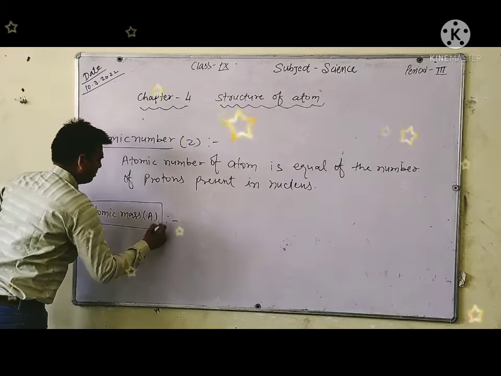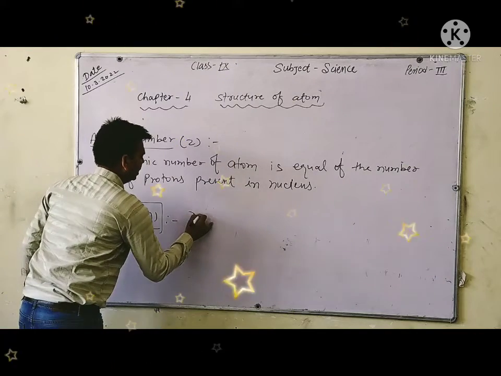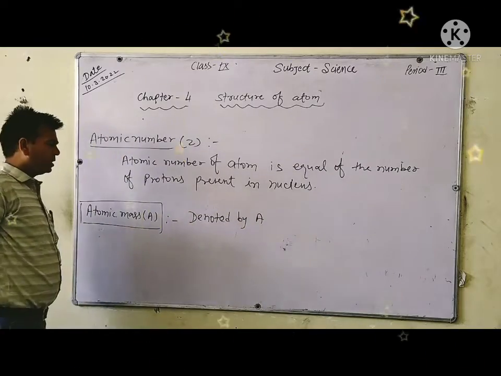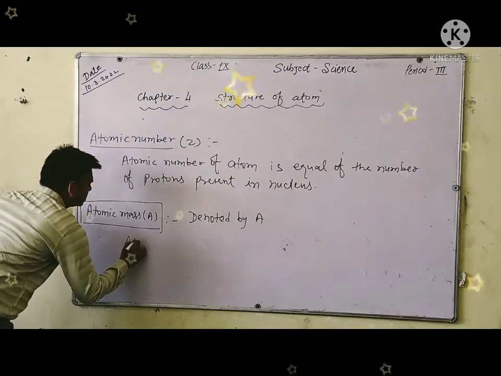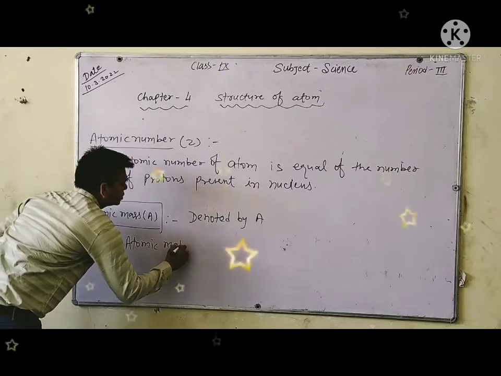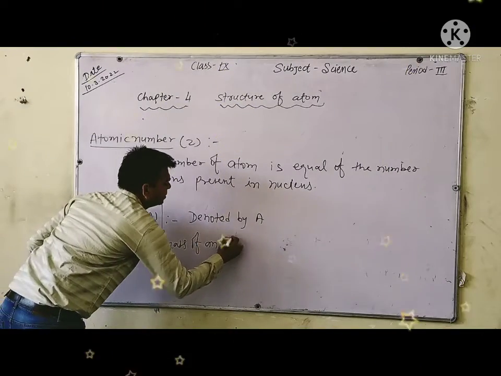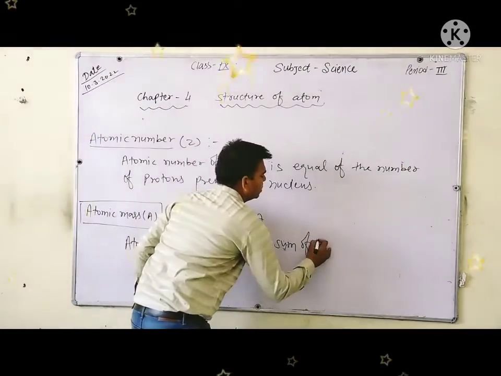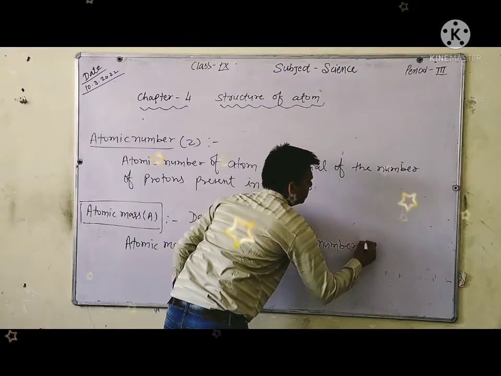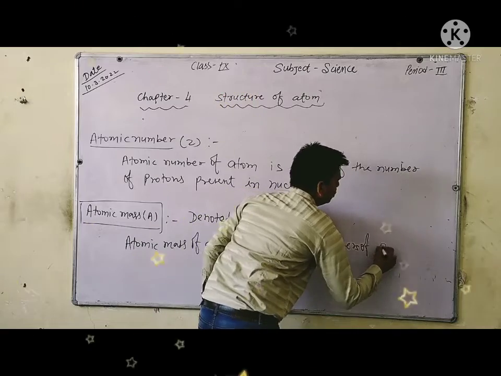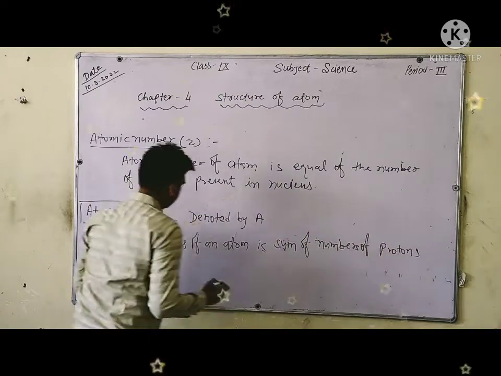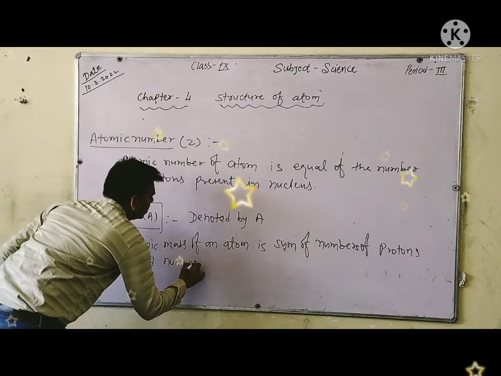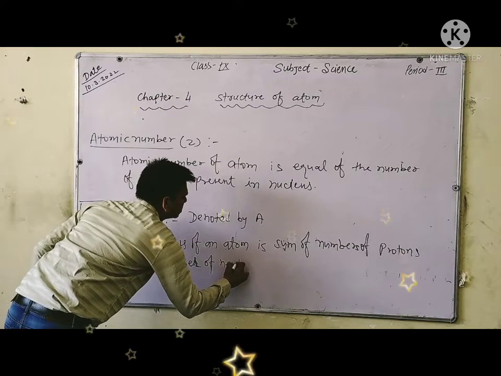Now atomic mass को denoted किया जाता है, denoted by A. Atomic mass of an atom is the sum of the number of protons and the number of neutrons.